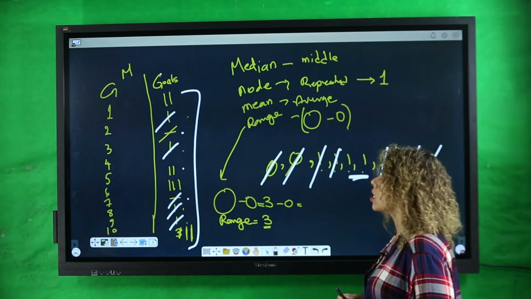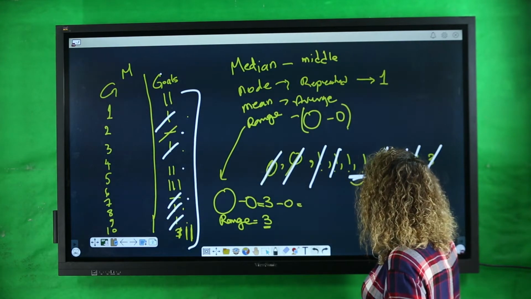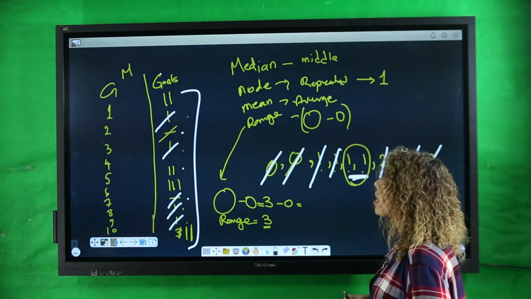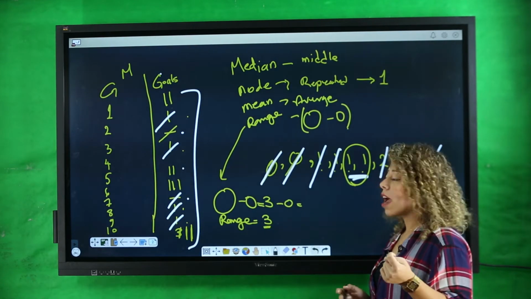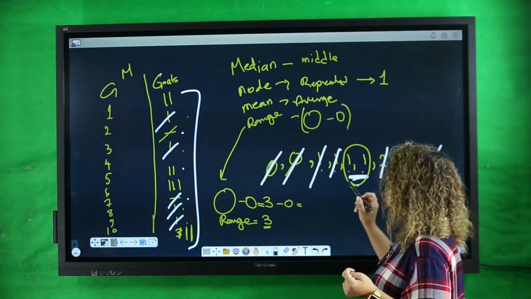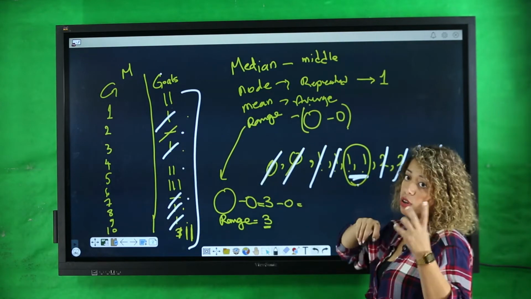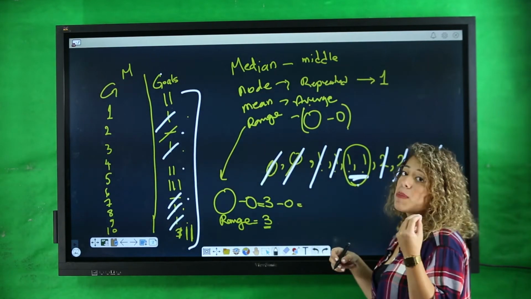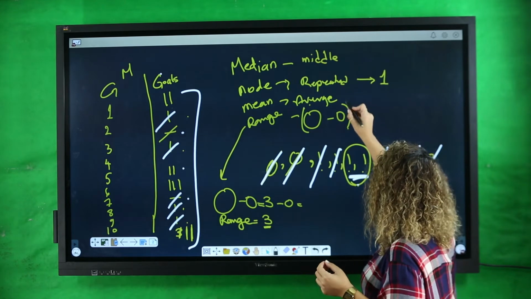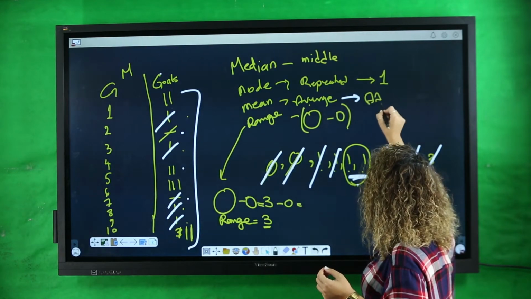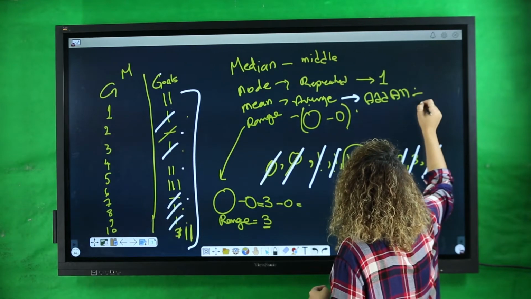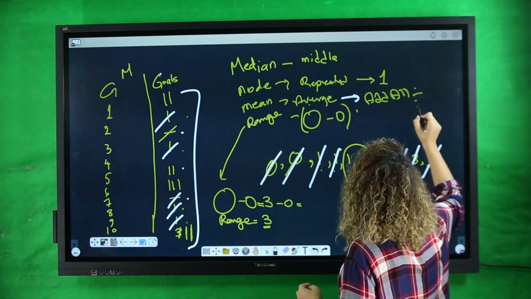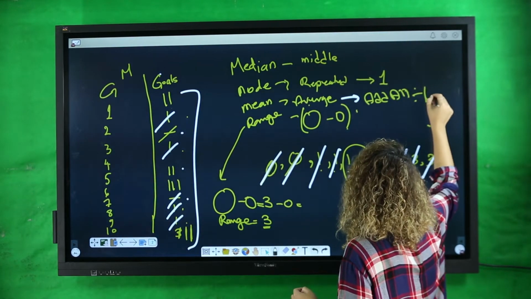If I'm left with 2 numbers, how can I get the median? The median has to be 1 number. How do I get the median? I'm going to get their average, which is our mean, but on a smaller scale. How do we get the mean? Mean is add all, and then after adding all, divide by how much?